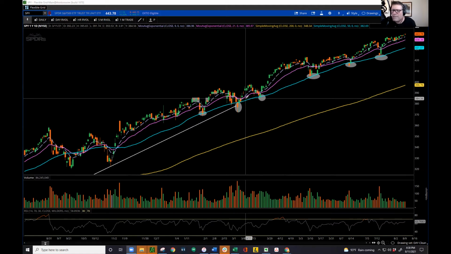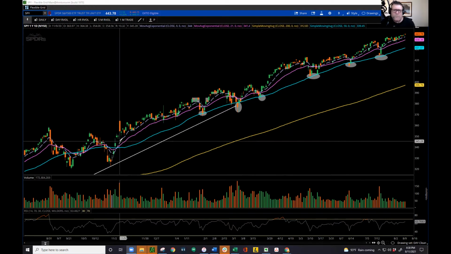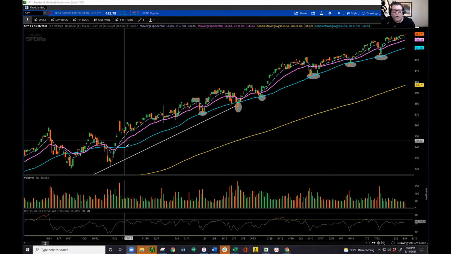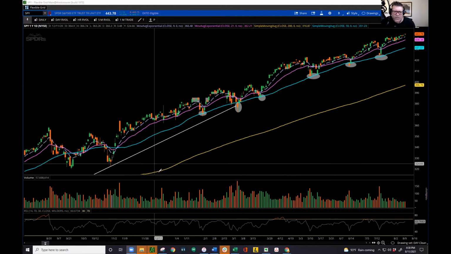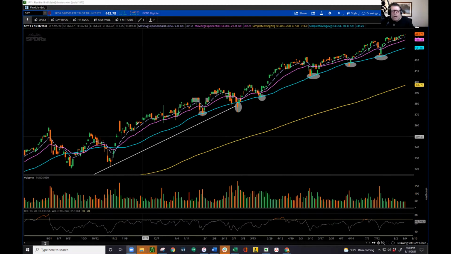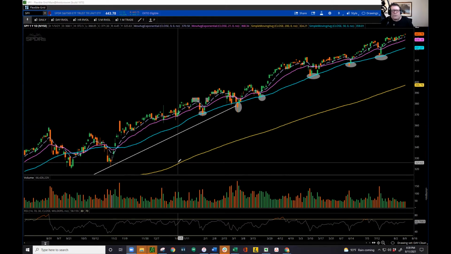So the basic set of rules when I'm analyzing a market: if you look here, when you have the moving averages, so you have the 9, 21, 50, and 200, when they're all stacked on top of each other, typically that's a pretty good market. That is, when they're stacked properly with the 9 on top and then the 21, 50, and then 200.